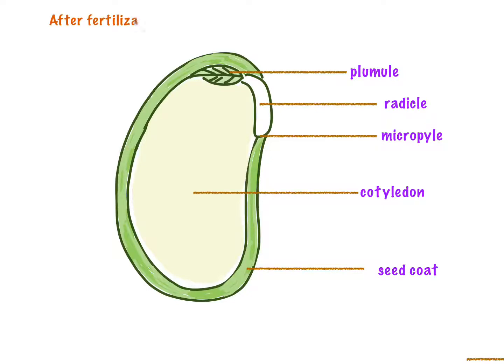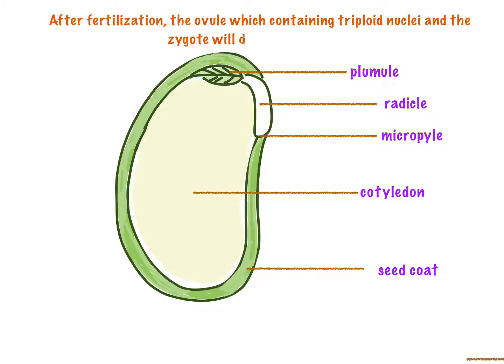After fertilization, the ovule which contains triploid nucleus and the zygote will develop into a seed.